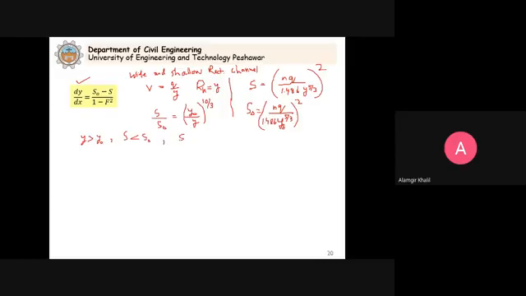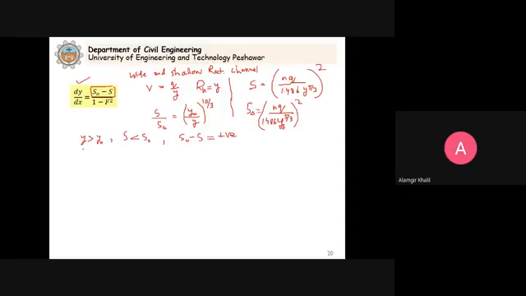And now we talk about the sign of the numerator, how you will determine it. This S naught minus S will actually be positive. Just get the sign, that's it. This will be positive.